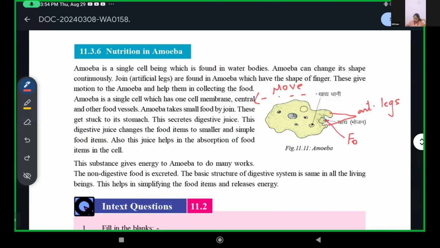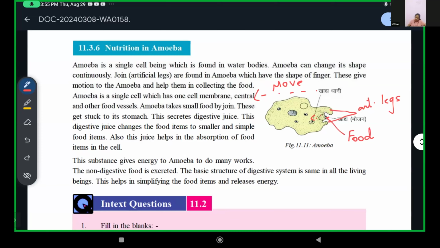This is the food, which gets stuck to it, and then it moves here, and here it secretes digestive juices, which help in its digestion. It breaks down the food into smaller particles and then helps in their absorption into the cell of amoeba.